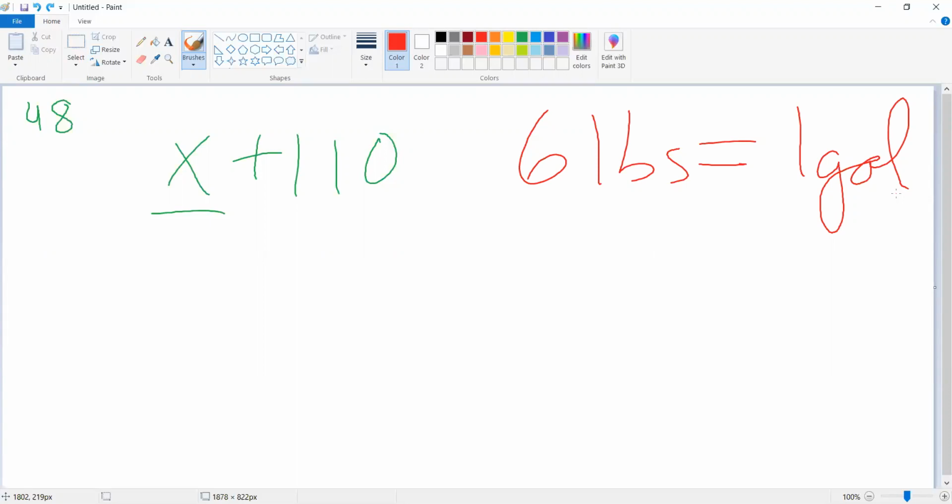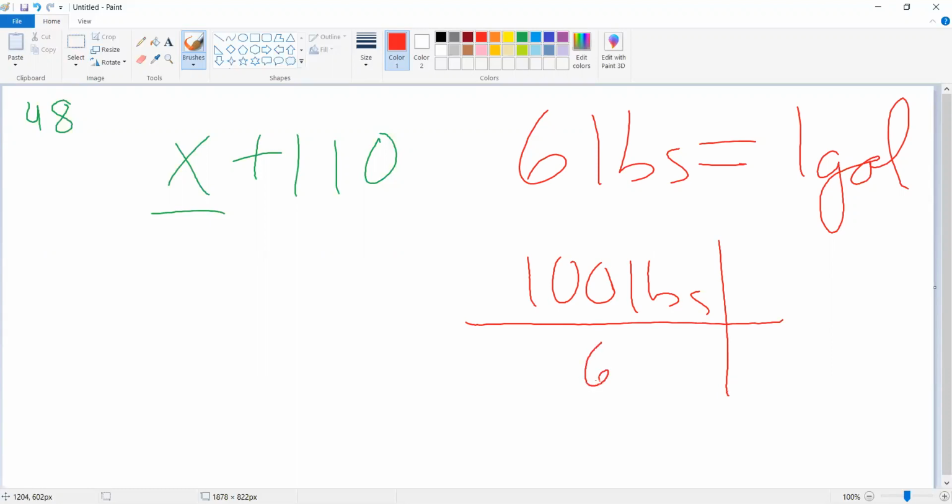So we have 100 pounds, and the conversion factor is 1 gallon per 6 pounds.